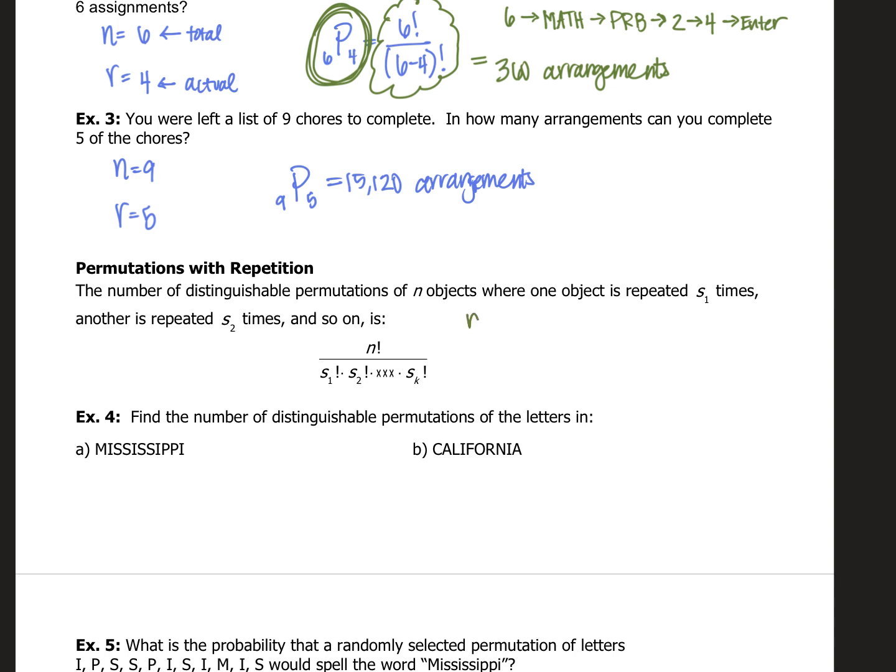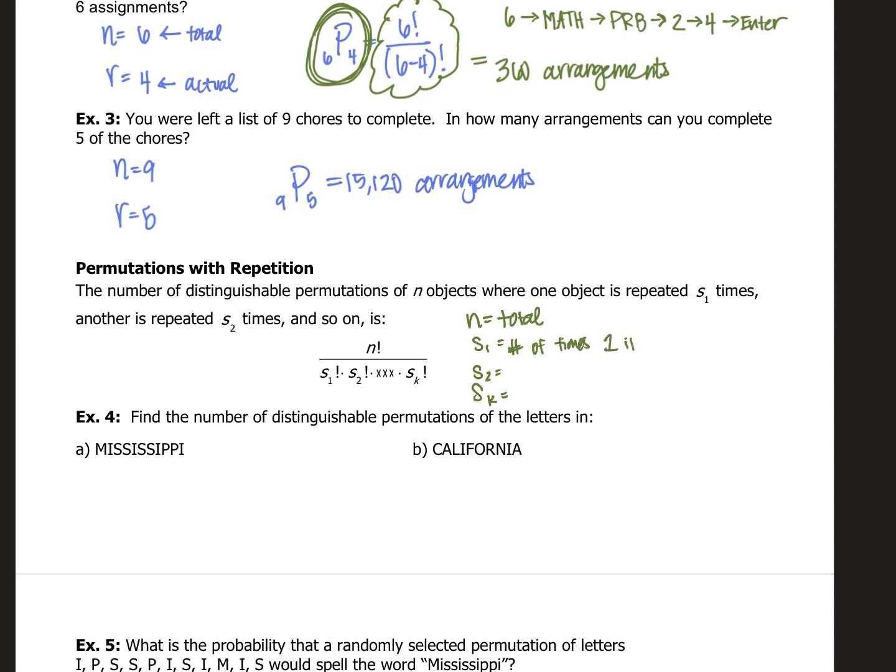So n, we already talked about, is our total number of objects, trials, or items. Now let's talk about what this S1, S2, and SK mean. S1 is the number of times that one specific item repeats.